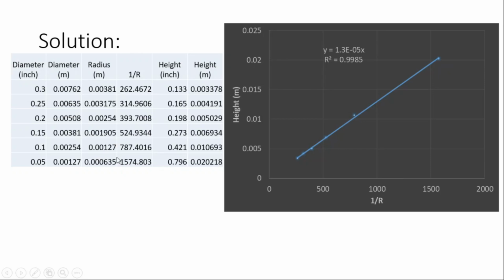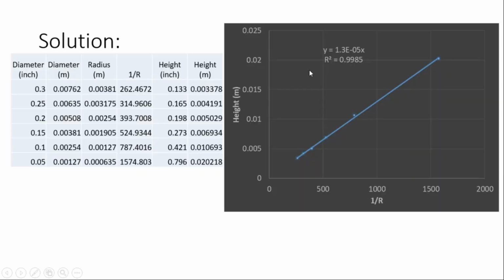So I find these values respectively. On the other hand, for height I just need to convert from inch to meters. All values are converted into meters in this column.